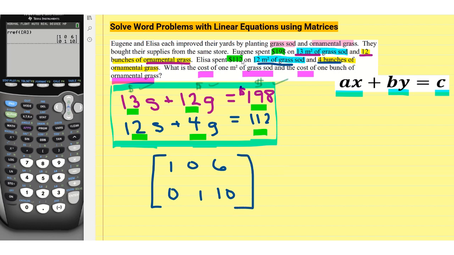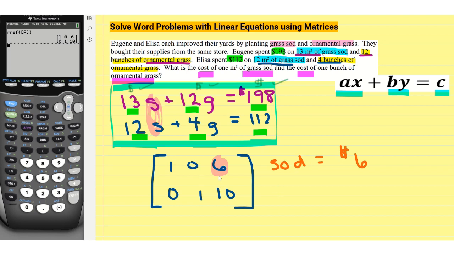This 6 is going to coincide with my S. So that means my grass sod is going to be equal to $6 per unit. We have units in m squared, meter squared, I'm sure. Anyway, it's going to be $6 per square meter of sod.